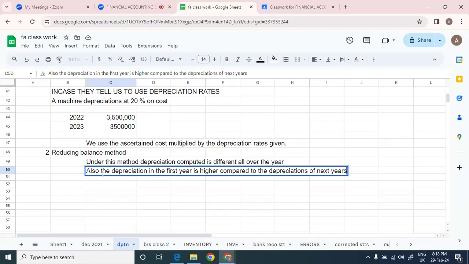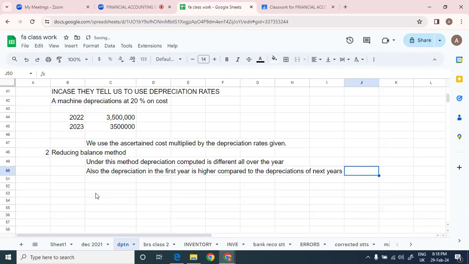They are telling us that also the depreciation in the first year is higher compared to the depreciations of the next years. So we are going to look at this one.